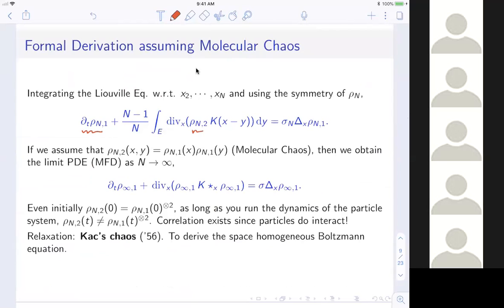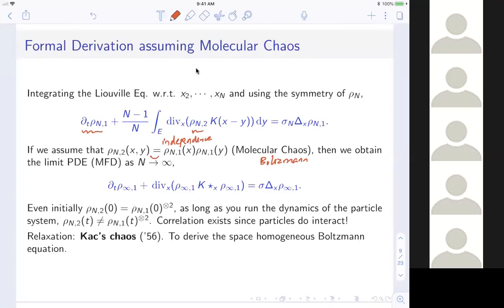The very easy idea is due to Boltzmann. If you assume molecular chaos, which is just independence, it is too strong to be true. But let's make this assumption. If we make the independence assumption, the two-marginal equals the tensor product of the one-marginal.